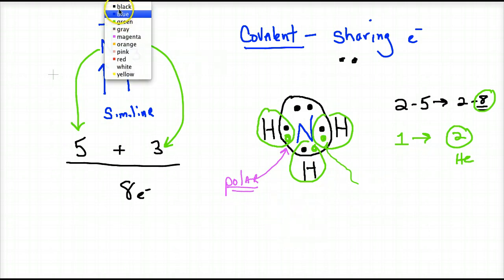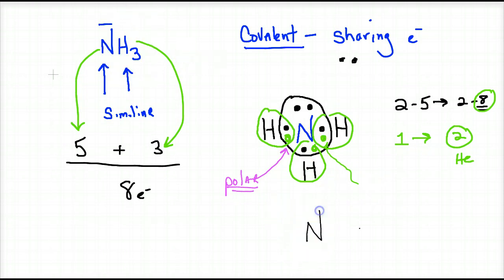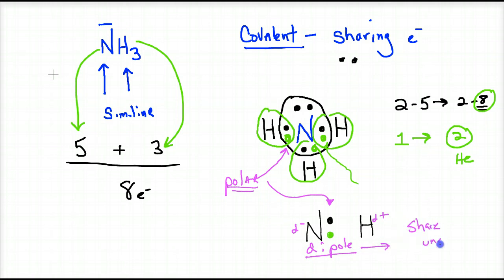Well, if I look at one of these ends and see how it bonds with an H, that pair of electrons, let's make it represented as green, goes here, and we can see that they're sharing unequally, and this side of the bond has that partial negative, and this side's partial positive. That makes something called poles. And we say dipole is another word for polar bond, sharing unequally. But that's the basis.